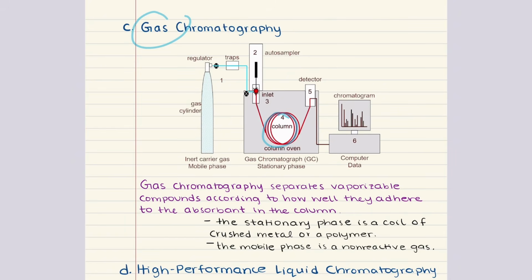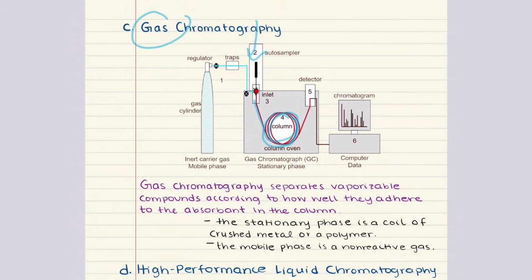The mobile phase is going to be a non-reactive inert gas like helium or nitrogen. Your sample, first and foremost, is going to be injected into the system, vaporized and carried by the gas through the column. As the sample passes through, different components are going to interact with the stationary phase to different degrees.